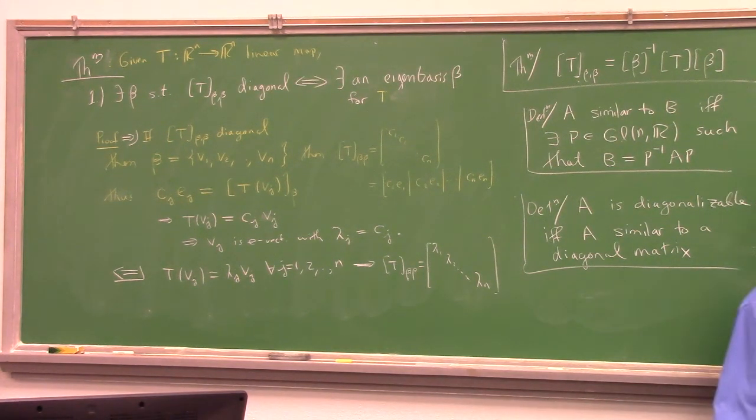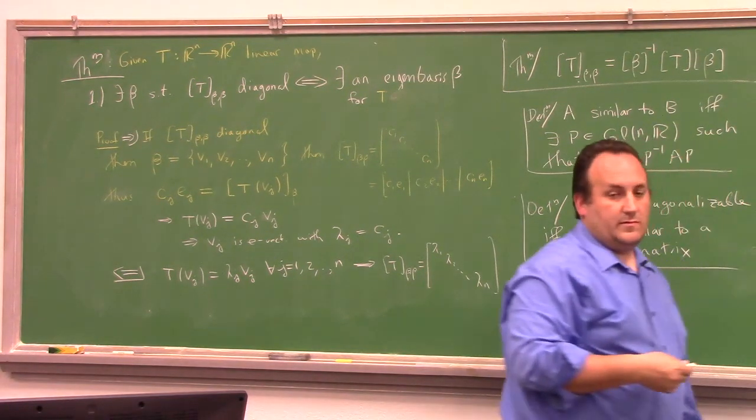So theorem: if v1 and v2 are eigenvectors with lambda 1 not equal to lambda 2, then v1, v2 are linearly independent.